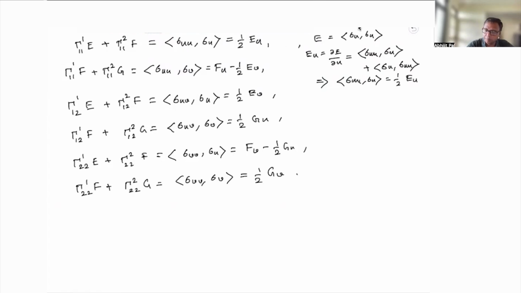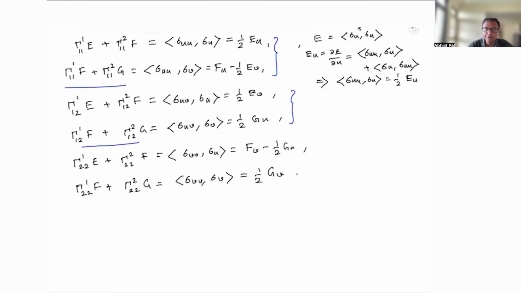Now let us pair the above equations. If I take the first two equations, the determinant of the left hand side matrix E F F G is equal to EG minus F square, which is not equal to 0.